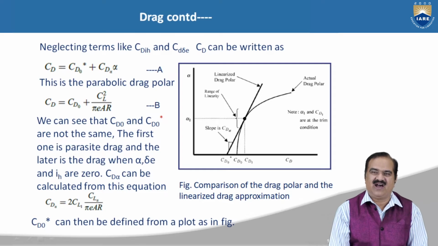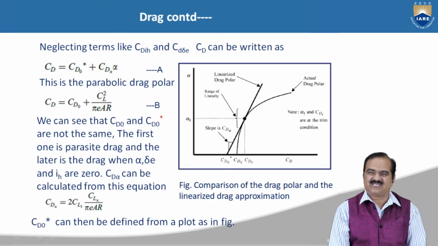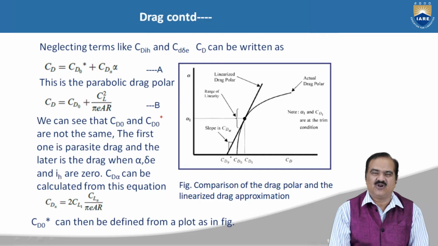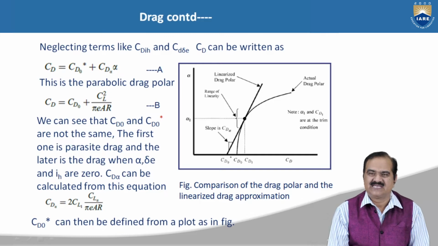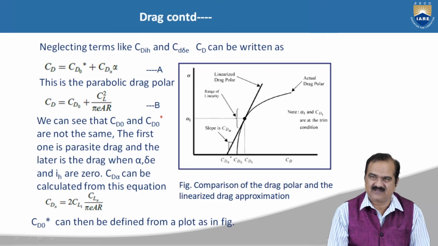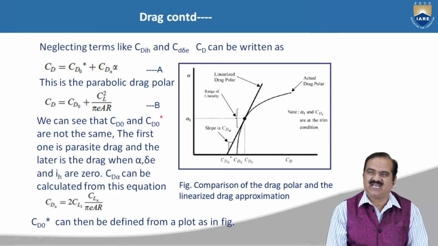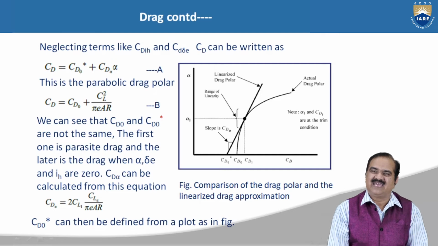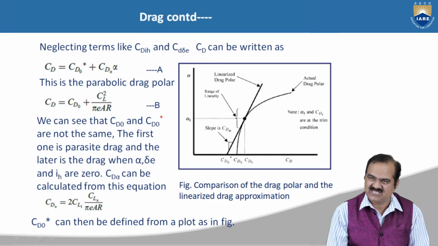And CD alpha can be calculated from the equation CD alpha equals 2 CL1 CL alpha by pi e AR, where AR is the aspect ratio. So CD naught star can then be defined from the plot as given in the figure. If you see this diagram, we have 2 plots. One is for equation B, that is the polar diagram, which is not linear. It is a curvature and it is parabolic.